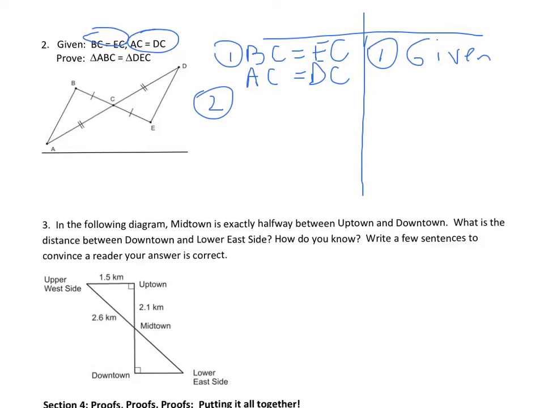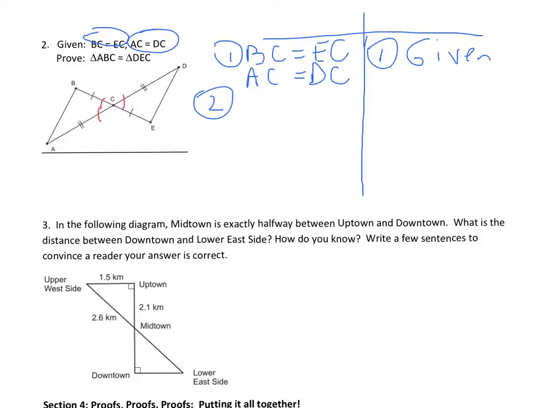So think about our situations we've talked about now in the last two lessons. We have two sides already. There's no way we can prove the third side, but if you think about this, we have some vertical angles here. We have this angle right here and this angle right here, which are vertical from what we've talked about in class.